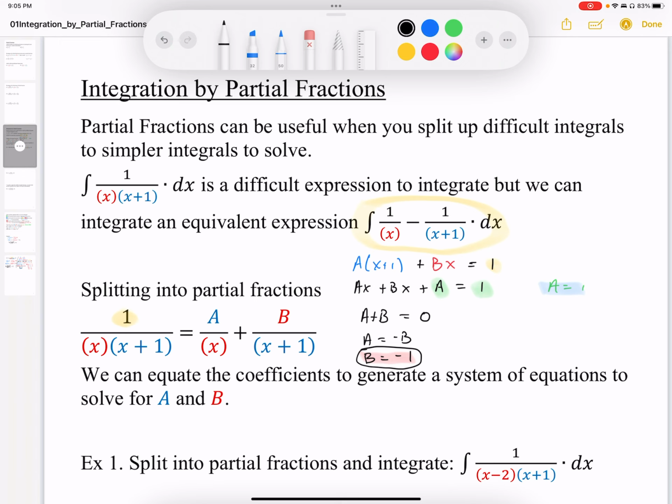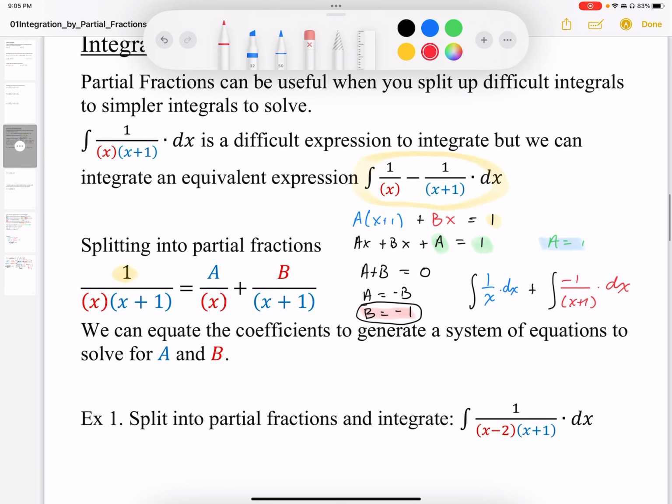We can now express this integral differently, as a over x, dx, plus negative 1 over, and I'll just make sure I keep that in the same color here. So that b is negative 1, so negative 1 over its factor of x plus 1.